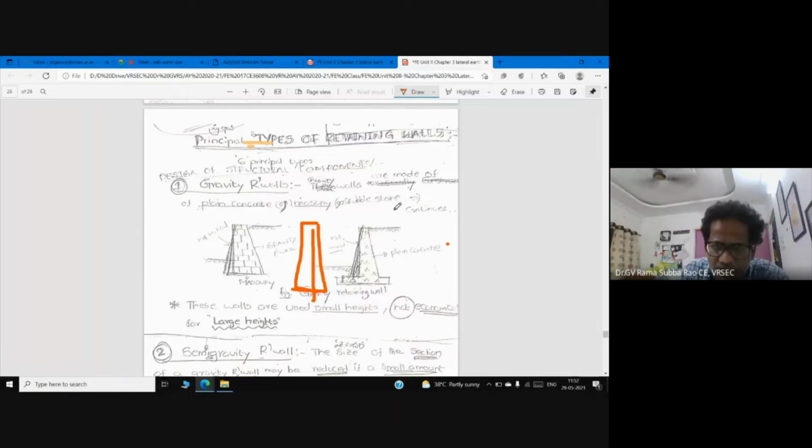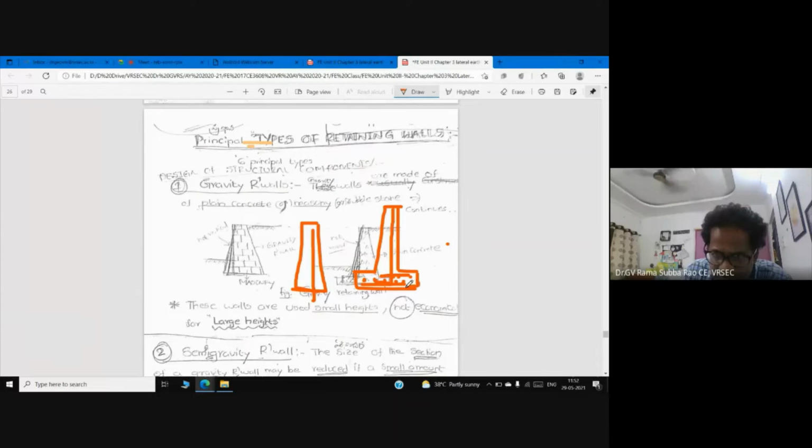Now, in the present days, we have a retaining wall like this. You can see the stem of the wall and the base slab. We are providing reinforcement: this is distribution steel in the base slab, and we have the main reinforcement, which is connected with the base slab.